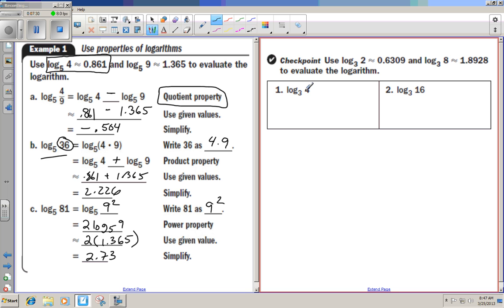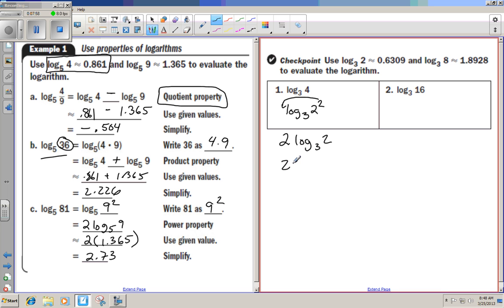Log base 3 of 4, you can actually do this 2 ways. Let's do the power property. Let's say that 4 is 2 squared, right? 2 times 2 is 4. So now, power property says to put the exponent in front of the log.